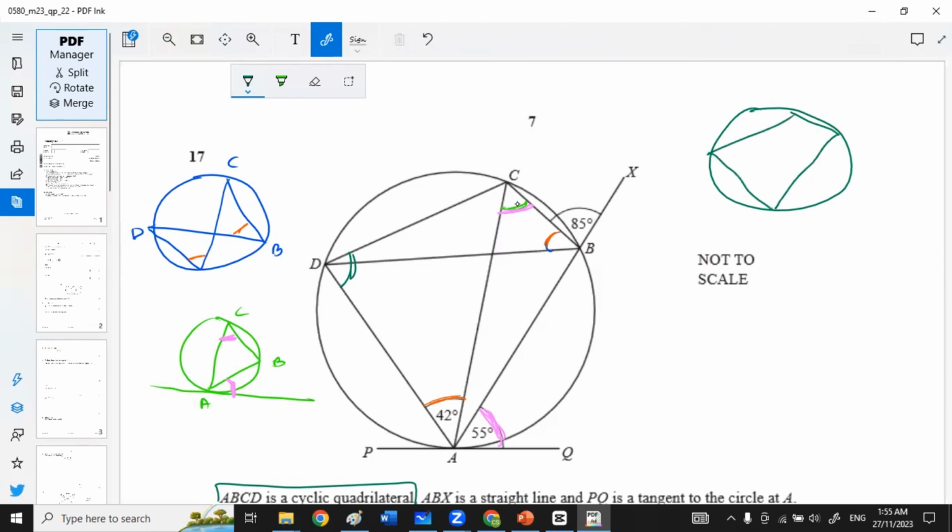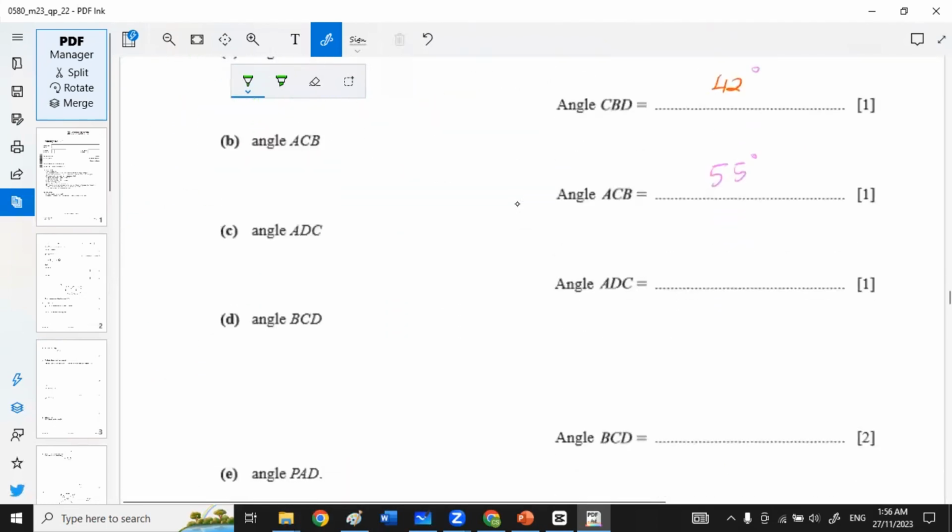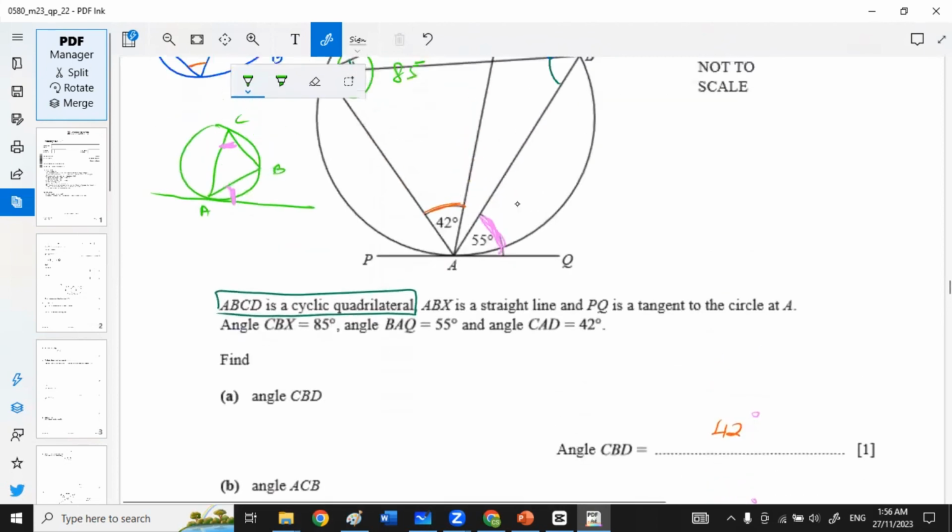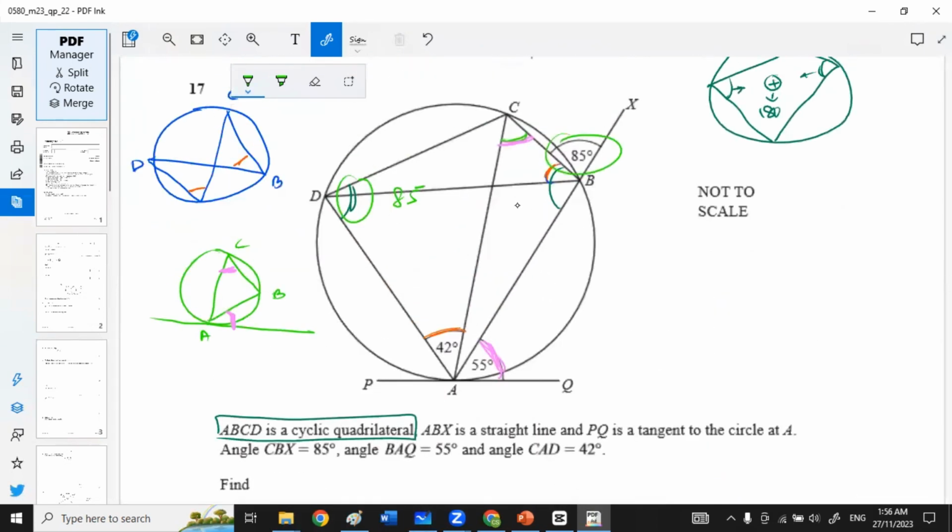The opposite angles, if you add these two, should equal 180. Therefore, this angle is equal to this. It's 85, because if you take 180 minus 85, you will get this, and then 180 minus this angle, you will get 85.